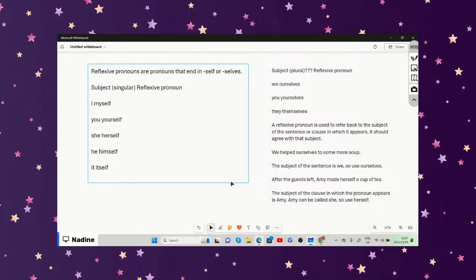All right, so now a reflexive pronoun. Reflexive pronouns are pronouns that end in self or selves.